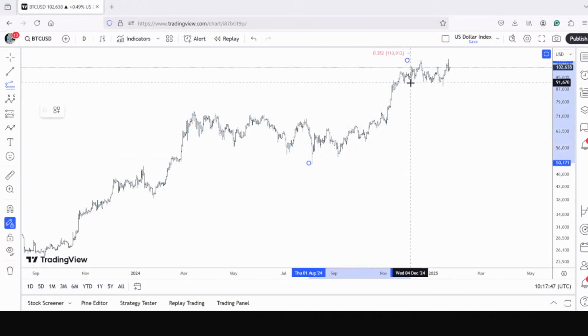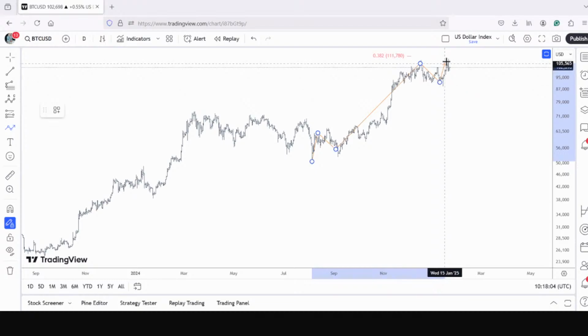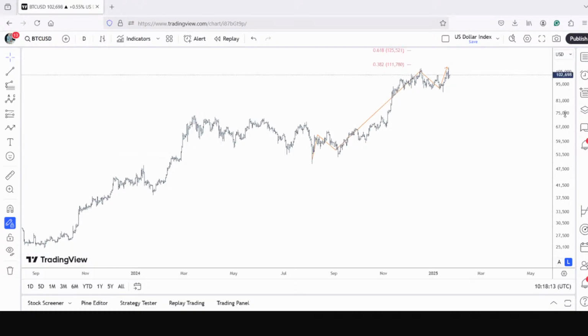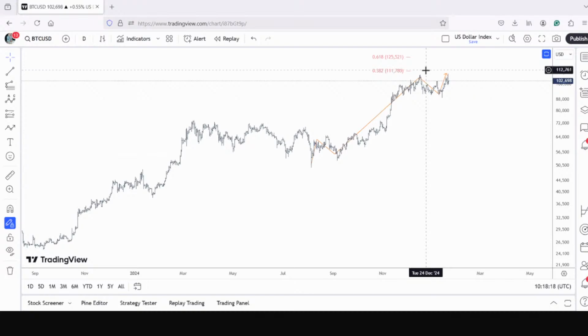I'm taking the Fibonacci counts soon, and that is the path of the fifth wave. The fifth wave is unfolding as 1, 2, 3, sharp wave 4, and 5. And the first target was just shy, it remained shy of the first target at 111. So, given a chance, there is one more possibility of inching higher towards 111 or possibly 125.